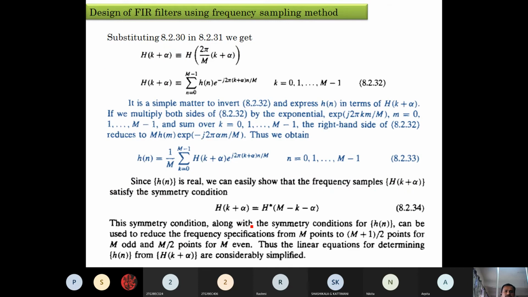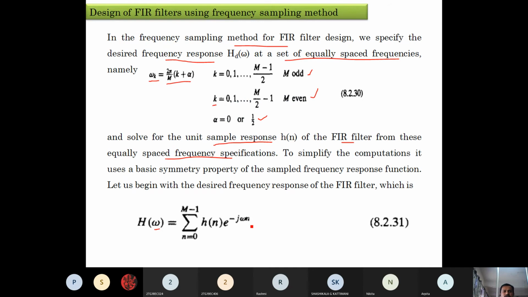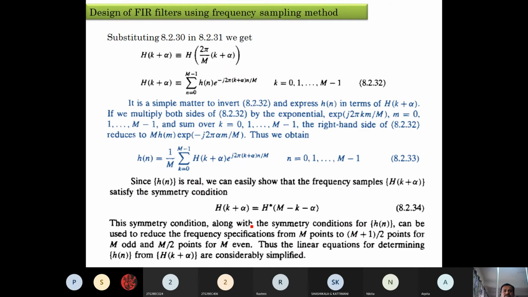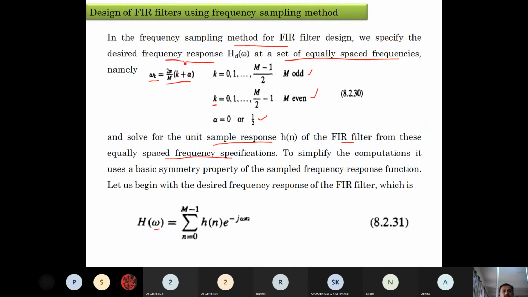Then, instead of taking omega, let us take equally spaced frequencies, given by H of k plus alpha, which equals H of 2 pi by m into k plus alpha. I'm just replacing omega by this equation, that's it.